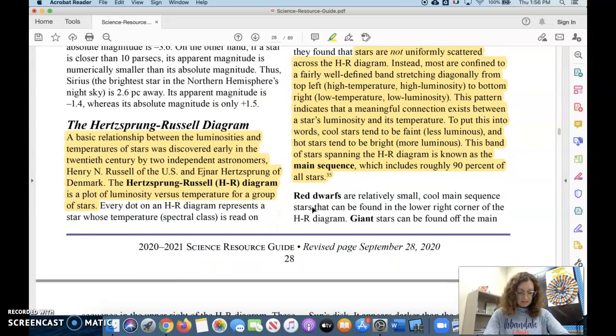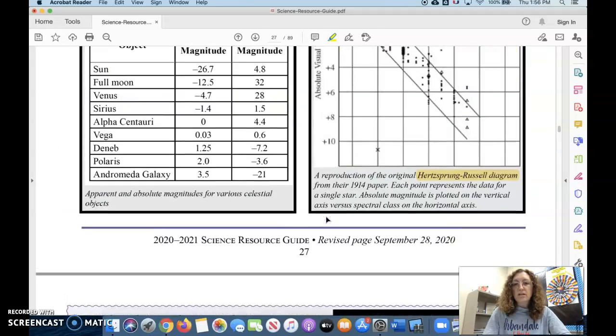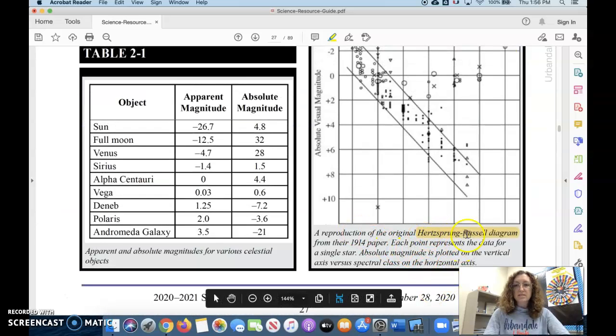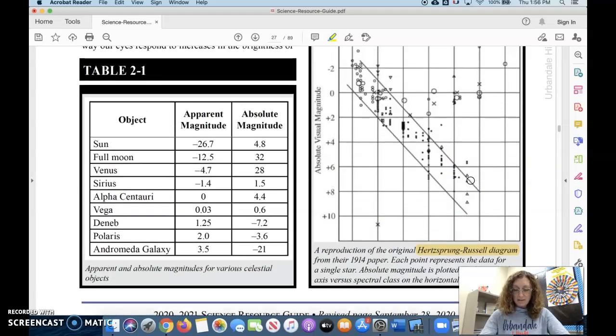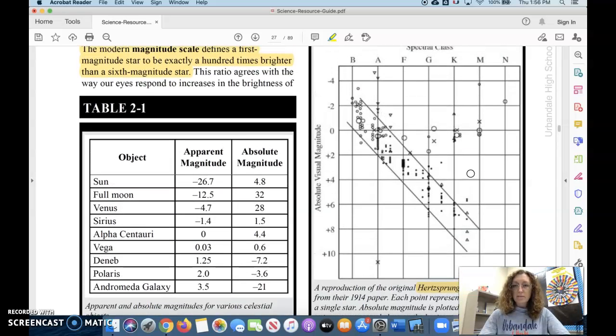So here are some of the stars that you're going to find in the HR diagram. Red dwarfs are relatively small, cool main sequence stars. They're in the lower right corner of the HR diagram. So red dwarfs down in here, lower right-hand corner. Then you've got giants. They're off the main sequence in the upper right.